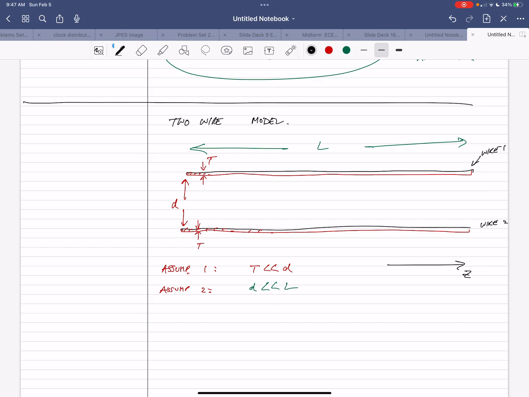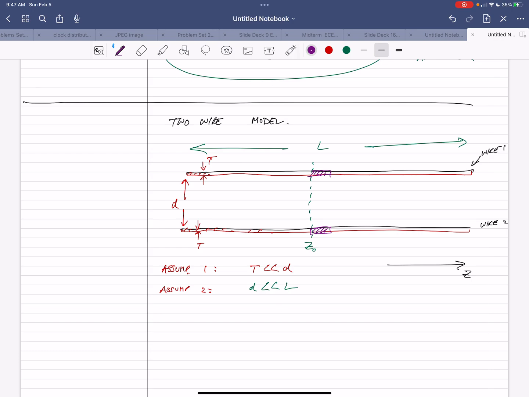Then if we look at the position Z0 along the wires, and a small distance right around Z, we just look at this small strip of the wire.